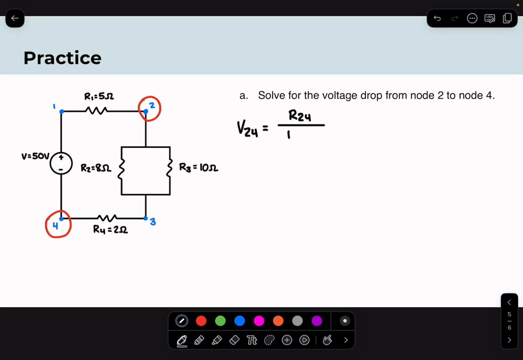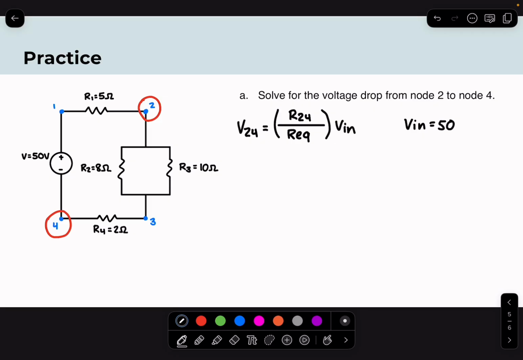The denominator is always the equivalent resistance of the circuit. And then we have Vn. Okay, so we know that Vn is going to be 50 volts.